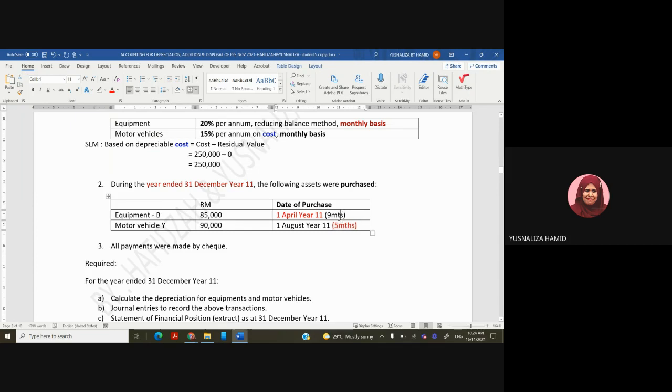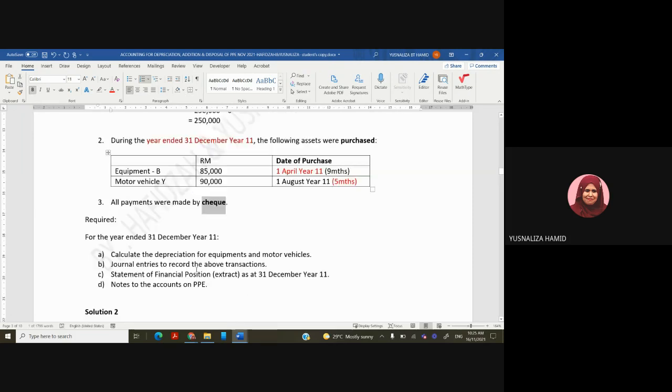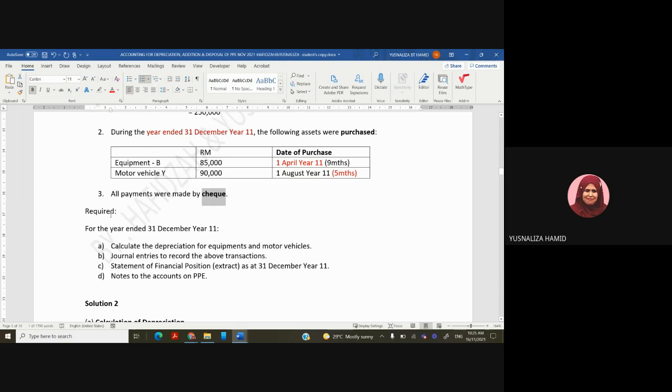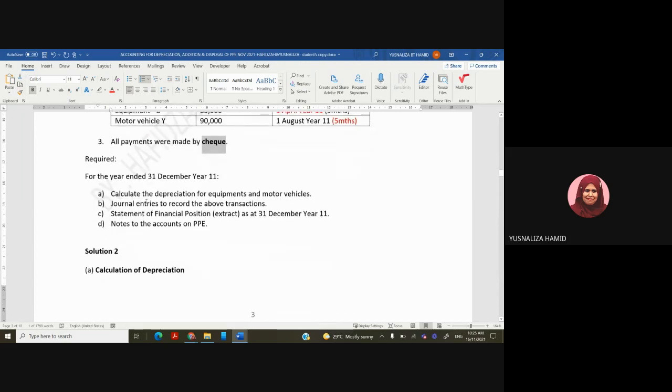The reason is because our depreciation is going to be the monthly basis. So all payment of this asset that were purchased were made by check. Made by check means it will involve bank account, right? So this is what you are required to do to calculate the depreciation for the equipment.